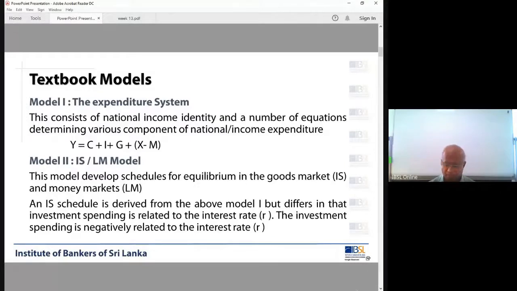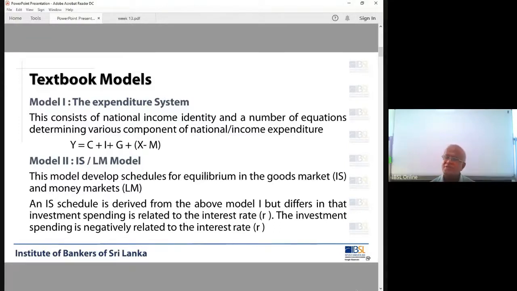An IS schedule is derived from the above model 1. We use the actual national income model 1, but it differs in that investment spending is related to the interest rate. Now, in the earlier model, remember we discussed investment is 50. Investment is exogenous, fixed, constant.